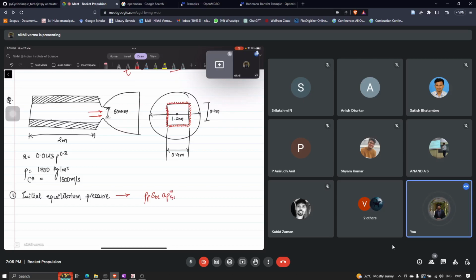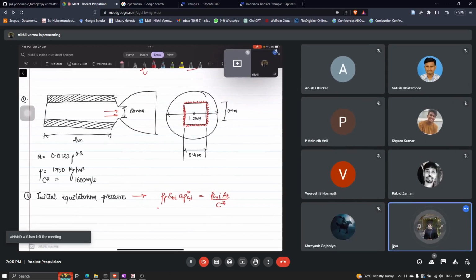That will be equal to initial pressure times AT divided by C star. This is what you are generating, and this is what is leaving through the nozzle.